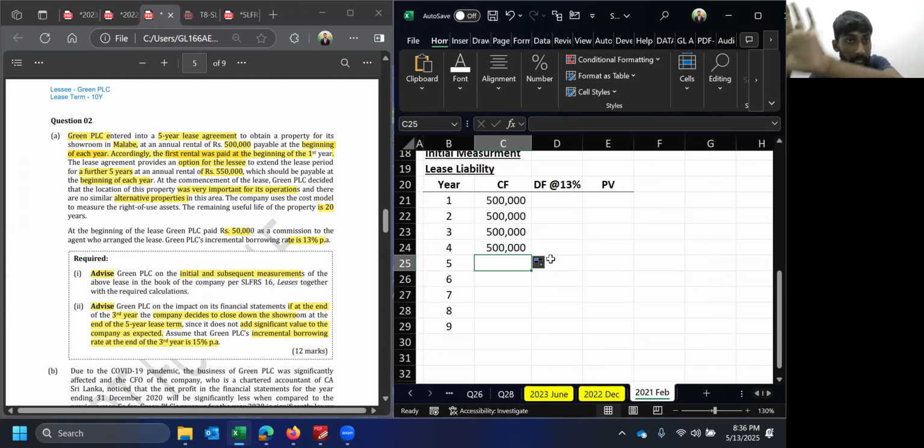Okay, now keep that fixed. Then read the second one. Accordingly, the first annual rental was paid at the beginning of the first year. Fine, done. That means 500,000 we have paid.